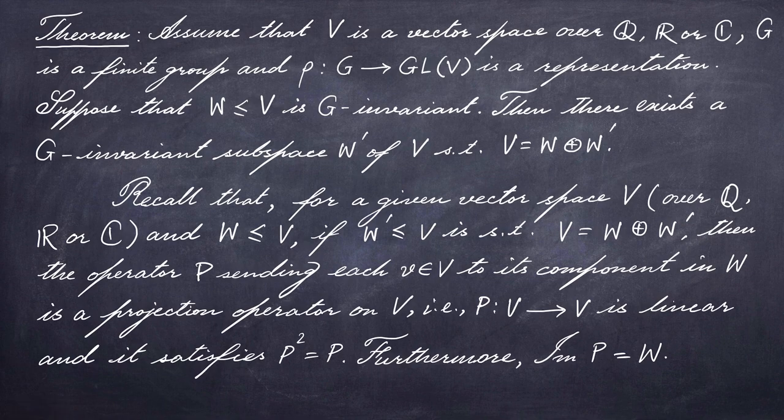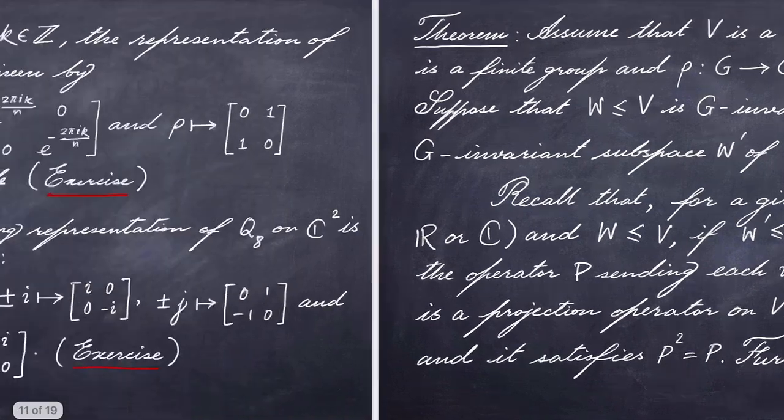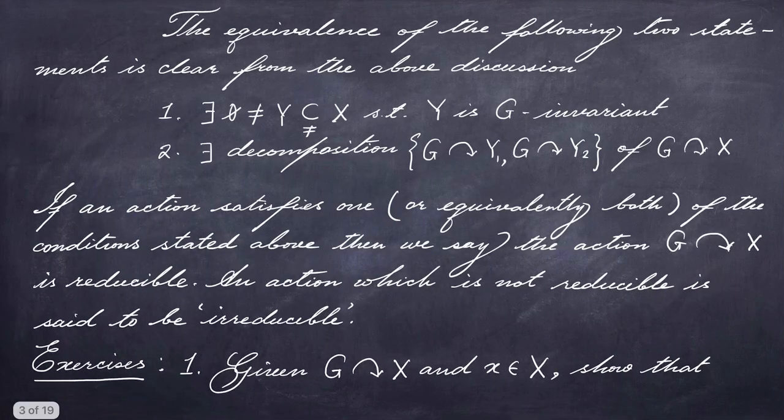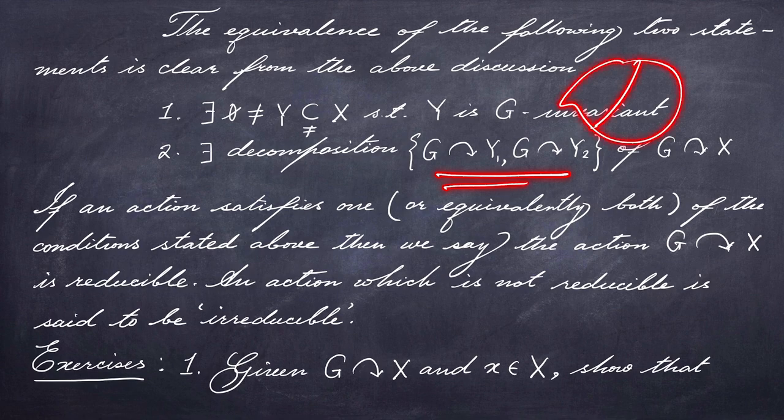Now let's come to one of the main theorems. Before getting into the theorem, let me again tell you that in the context of general actions, the existence of a proper G invariant subset is the same as the existence of a partition into two non-empty proper subsets, both invariant under G. So these two things are equivalent.